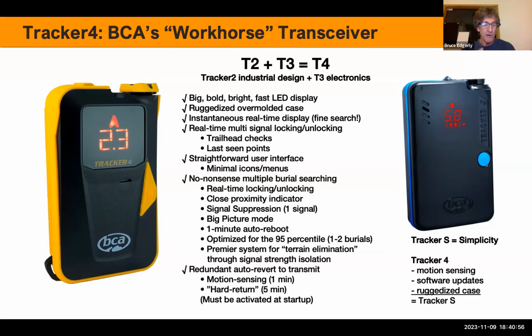It's just going to unlock from the one you're running away from and lock onto the one that you're getting closer to. So it's an intuitive way to search that we call no-nonsense multiple burial searching, that I think generally is the way in the real world multiple burial searching tends to be done.